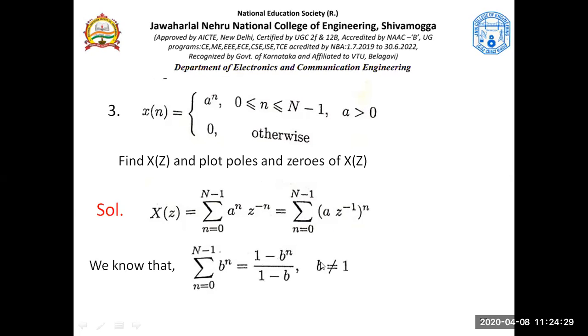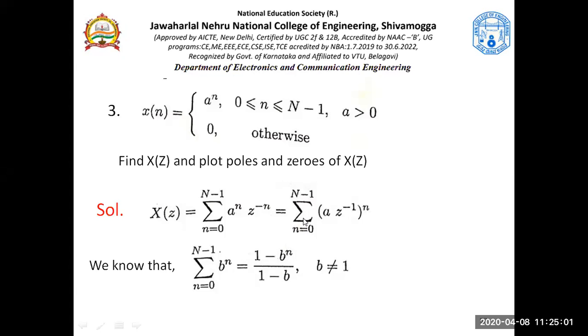It is true when b is not equal to 1. So what is that equation telling you? If n is ranging from 0 to capital N minus 1 of b to the power small n, then it is given by 1 minus b power N divided by 1 minus b. So this is in the standard form. This is another standard equation that one needs to understand.